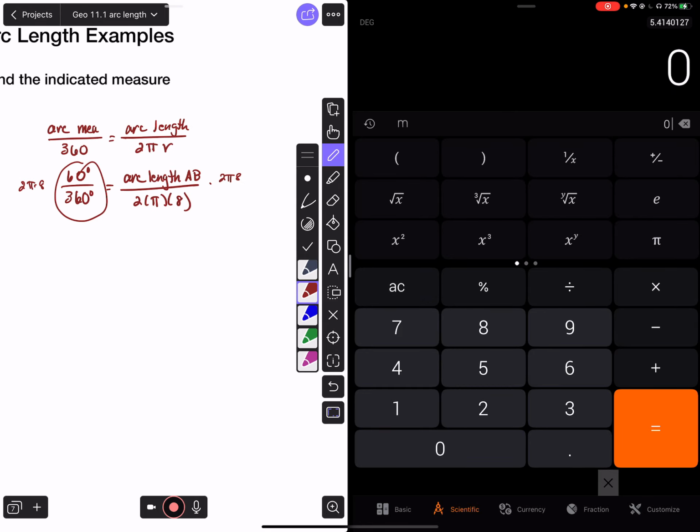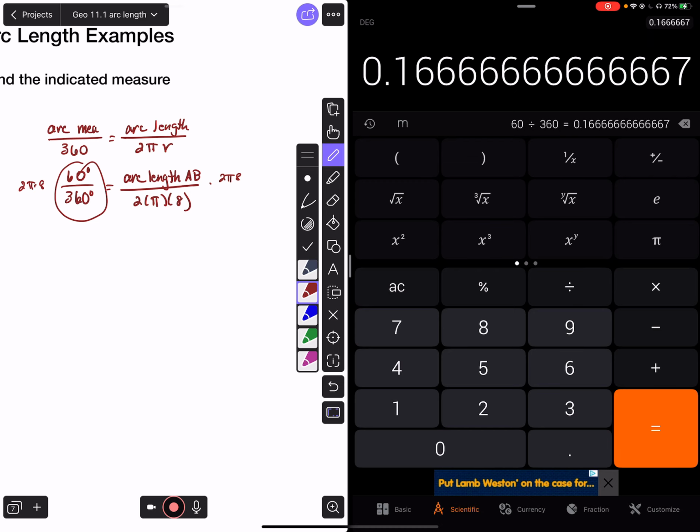So first I'm going to calculate what 60 divided by 360 is. And these decimal values, now we're not super pleased with that 0.1 repeating, but because we're only taking pi out to the hundredth spot, pi only has 3 digits in it. We'll just make sure we keep 3 in this.